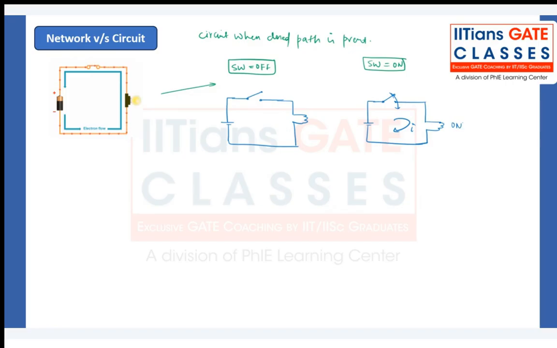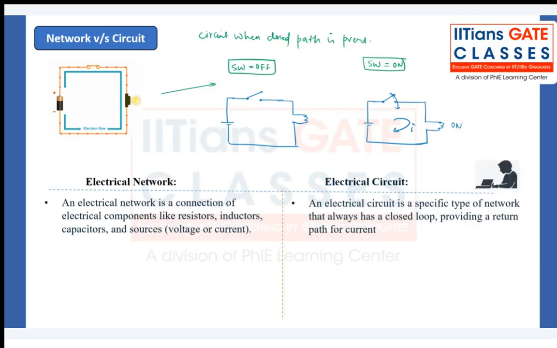So the basic difference between network and circuit is that a circuit must be a closed path. Who told that? Ananya, right? Yes, because open circuit and closed circuit. So when we have a path for the current to flow, we call it a circuit. If there is no closed path, we call it a network, right?